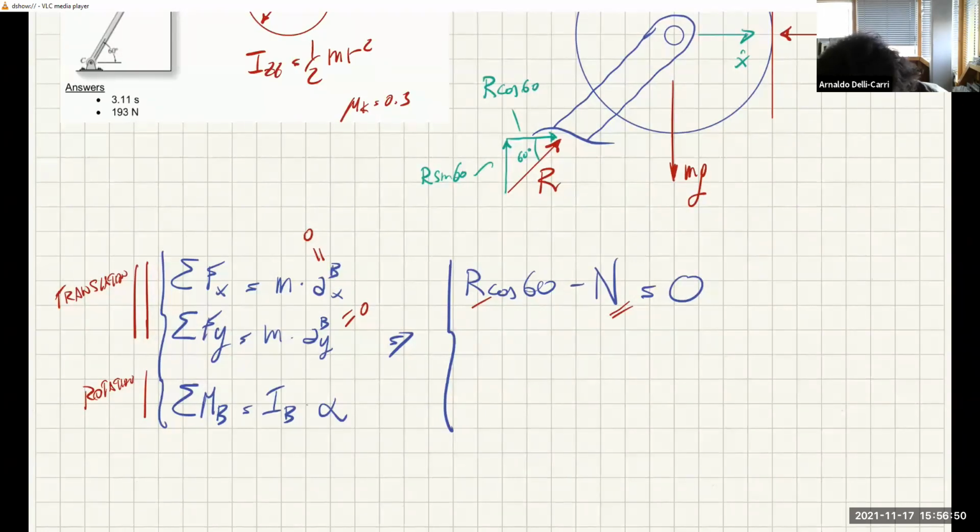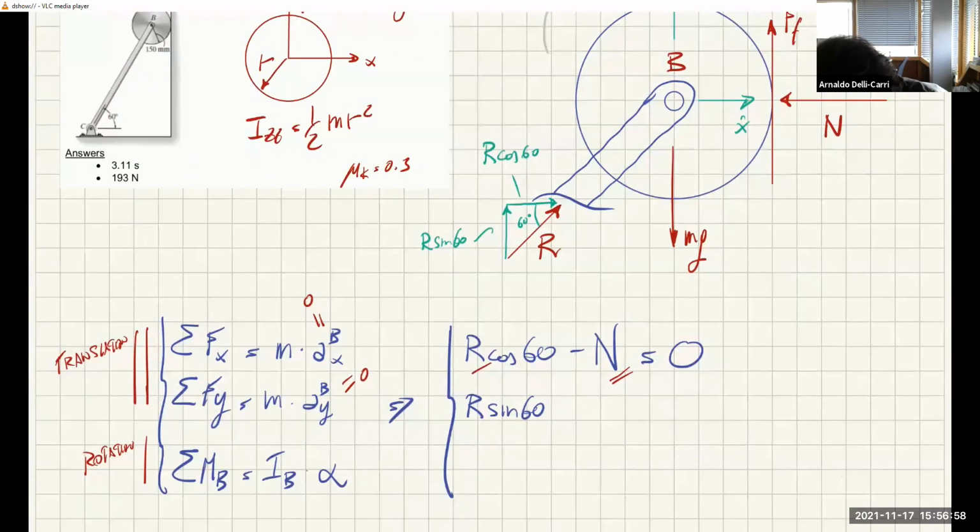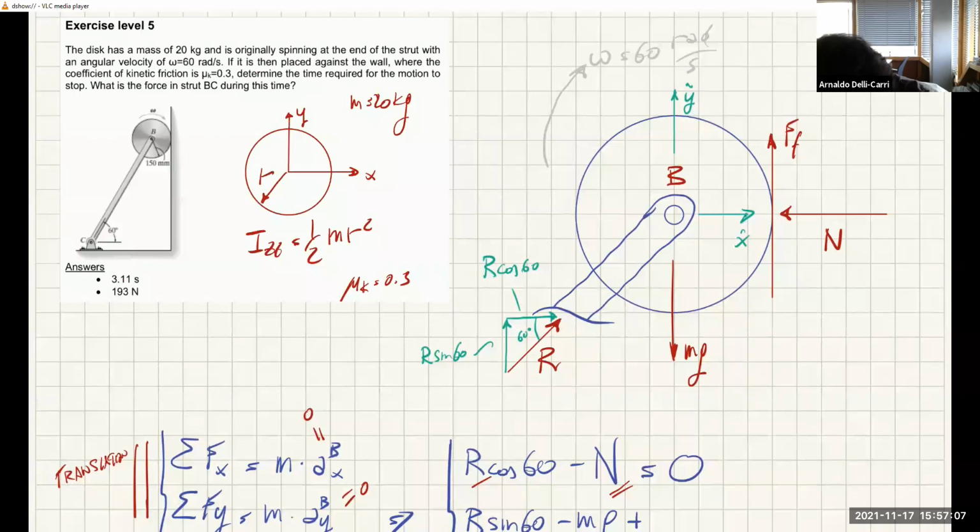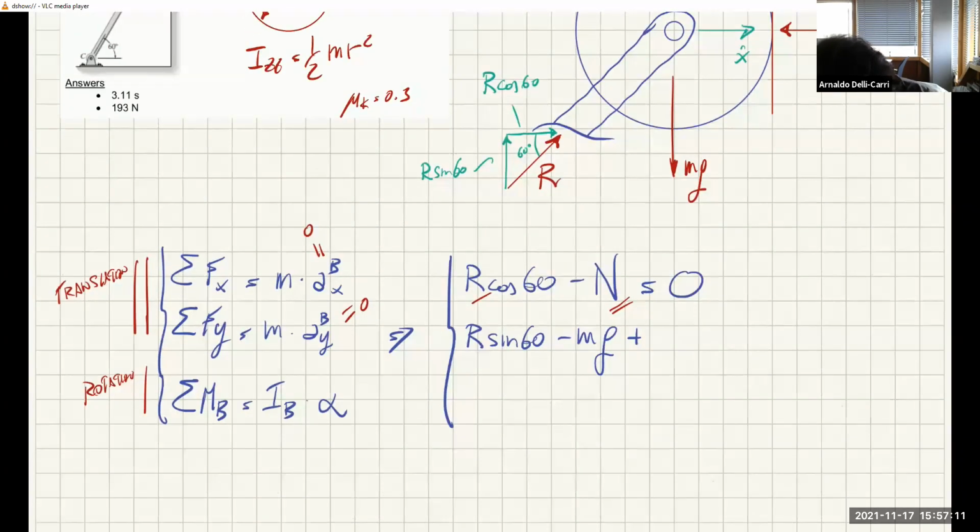Finally, for this equation in y, we have R sine 60 minus mg plus Ff. Remember, Ff is always, in this case, mu k times N. So plus mu k times N equals 0.